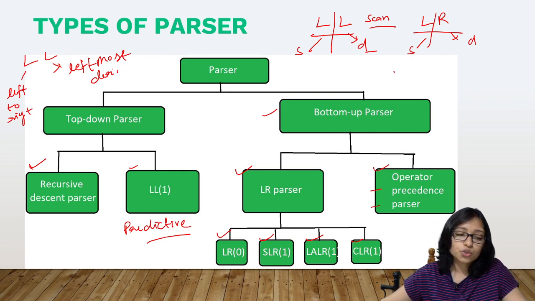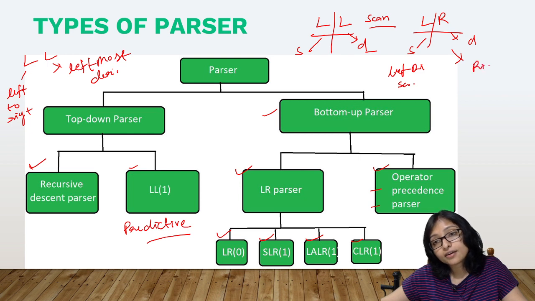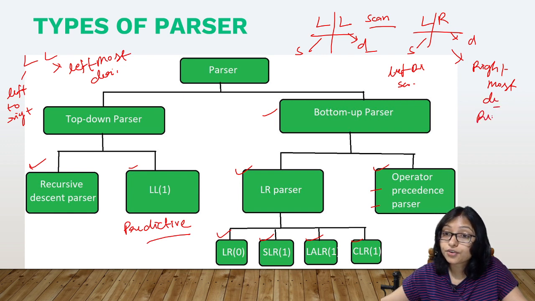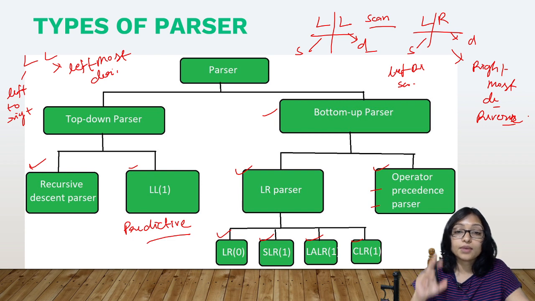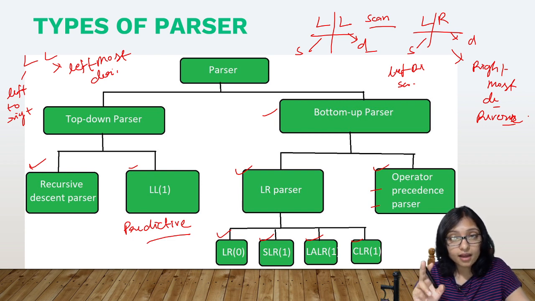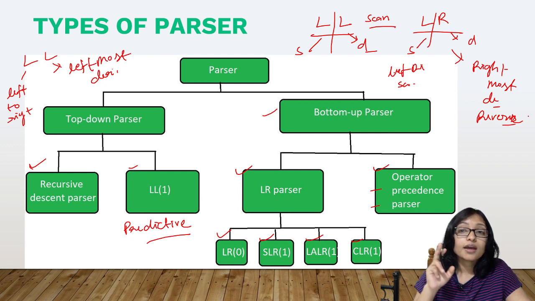And what is the meaning of LR? LR is also left to right scanning, but this R is rightmost derivation in reverse order. From here, lots of questions are coming. Remember that: LR is rightmost derivation in reverse order, and scanning is left to right.